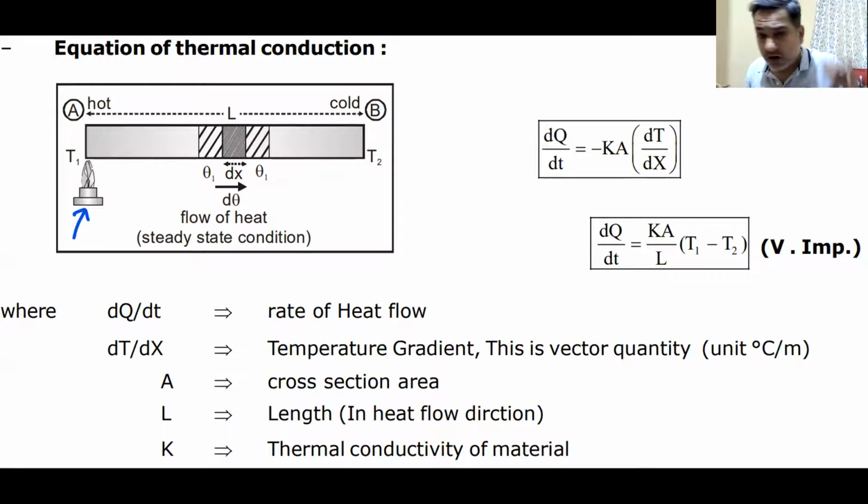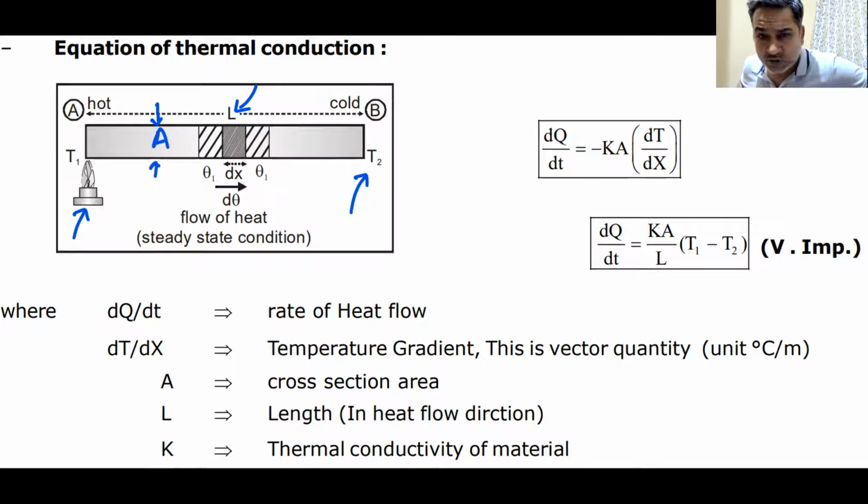Temperature T1, hotter end. Temperature T2, colder end. The length of this rod is L. The area of cross section is A.